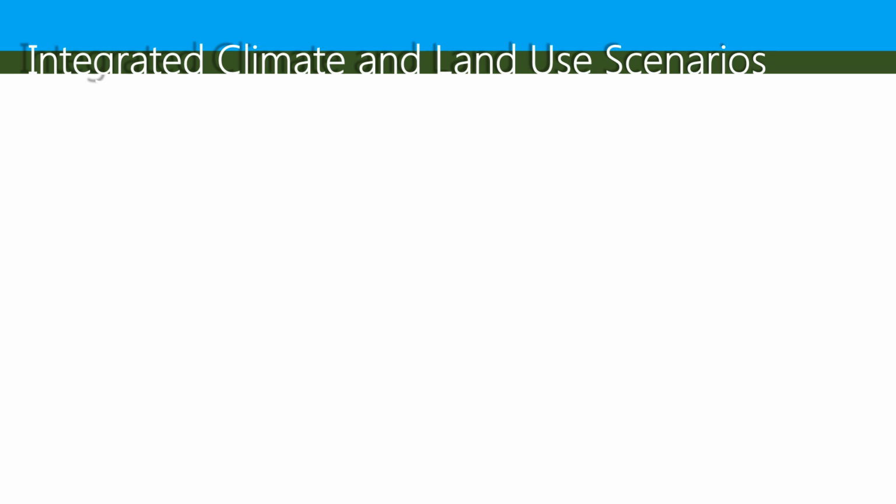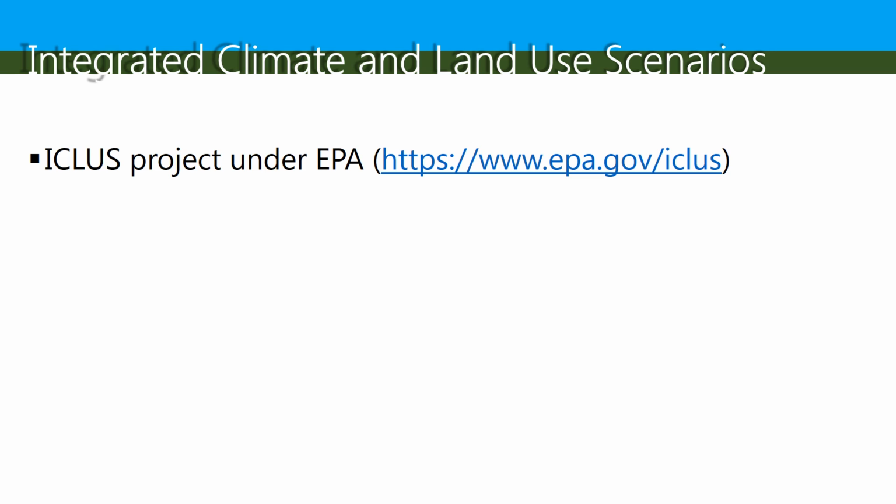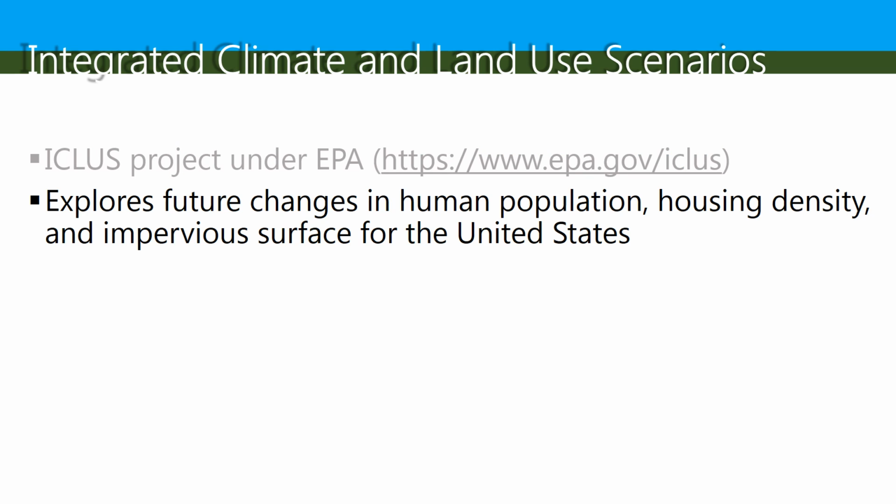We integrated our projections to the data from the ICLUS. It's the Integrated Climate and Land Use Scenarios. So the ICLUS project was under the EPA, or the Environmental Protection Agency. So it explores the future changes in human population, the housing density, and the impervious surface for the United States.